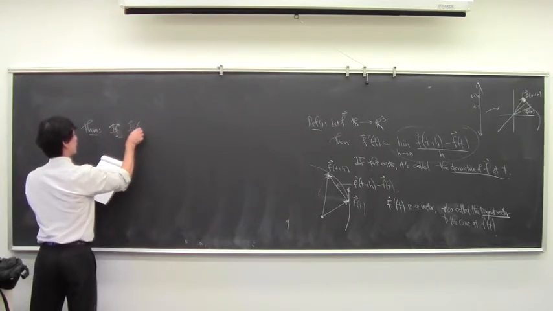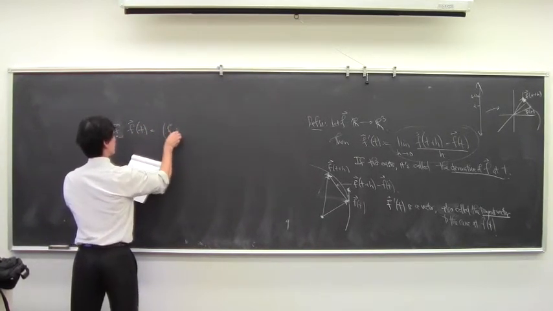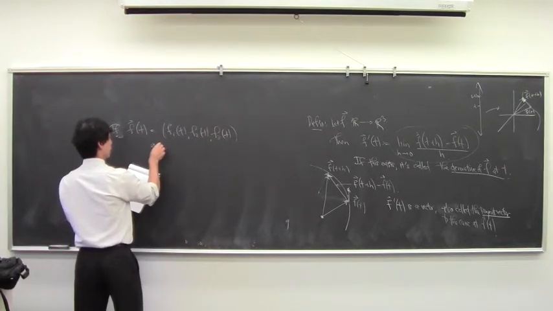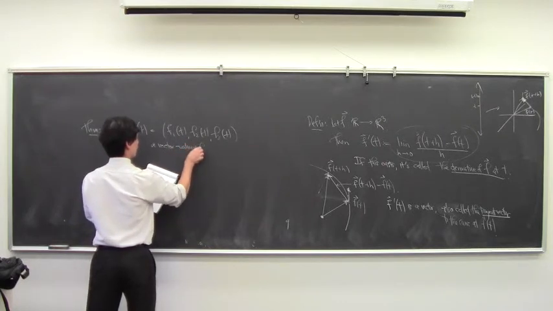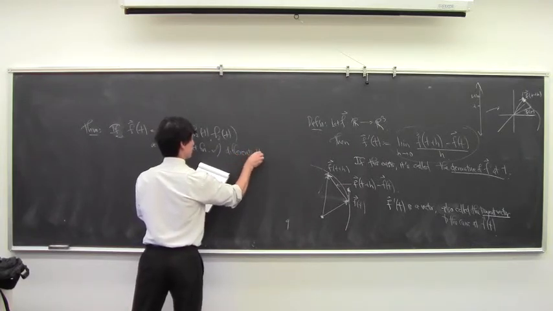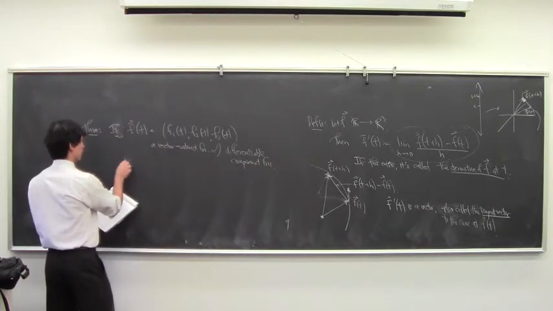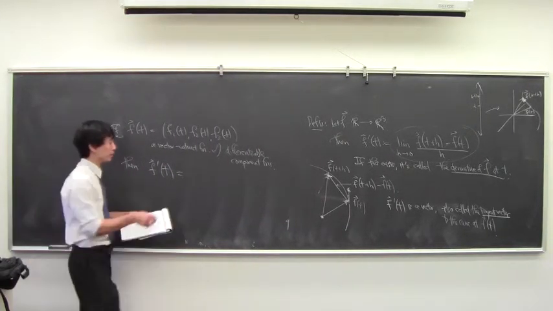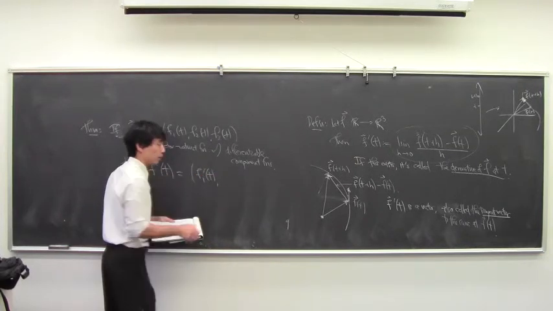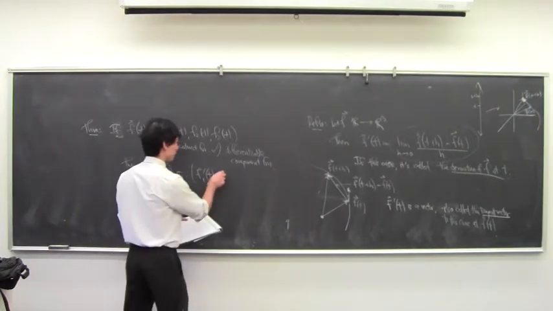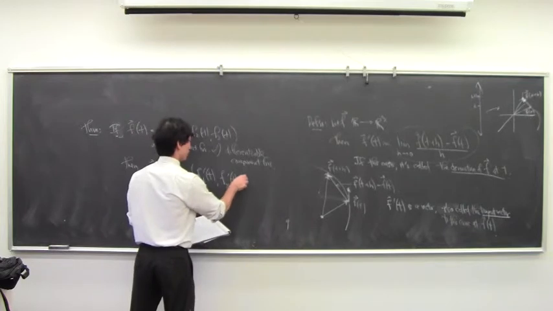If f of t is f1 t, f2 t, f3 t, a vector valued function with differentiable component functions, then it turns out that the derivative is, as you expect, the vector whose components are the derivatives of the component functions: f1 prime t, f2 prime t, f3 prime t.